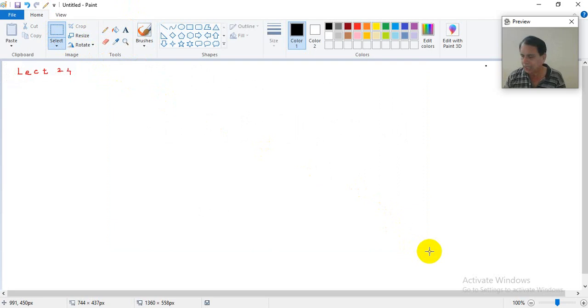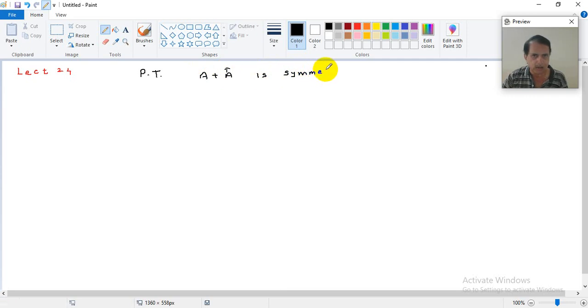See now, what is asked is prove that A plus A transpose, or A dash also you can write, is symmetric, and A minus A transpose is skew symmetric.